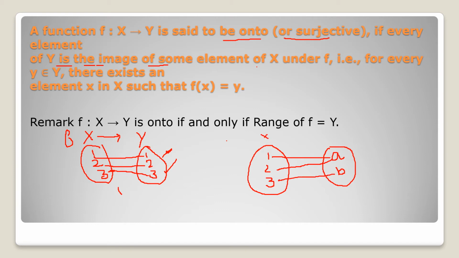So let's say this is X set and this is Y set, and we have defined this function f from X to Y. So will this be onto? Let us check. What we have said, for every element in Y there must be pre-images. So A has pre-images, yes, 1 and 2 both are pre-images of A. B has a pre-image, yes, 3 is the pre-image of B. So this function is onto.